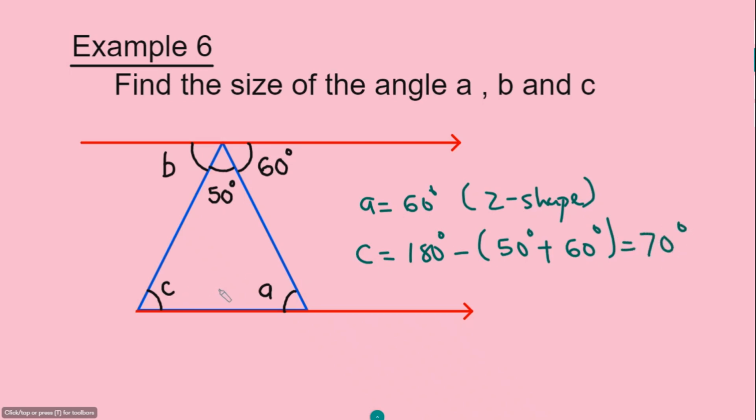Now C is 70 degrees, and I can find angle B because you see that angle B should be equal to C because of the Z shape here. So B will definitely be 70 degrees. Reason? Because it's the Z shape.